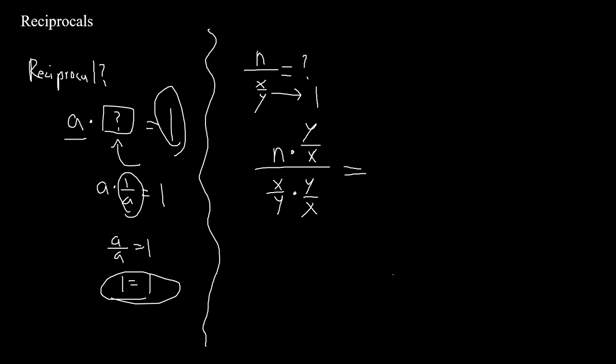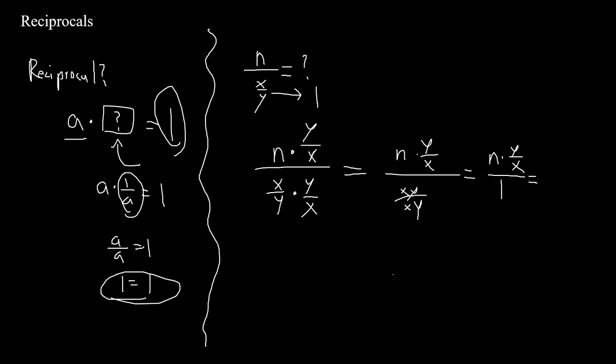Well, what is this going to simplify into? I'm going to have n multiplied by y over x, over xy over xy. What does xy over xy simplify to? Well, that's just going to be equal to 1. So you're going to have n multiplied by y over x, over 1.